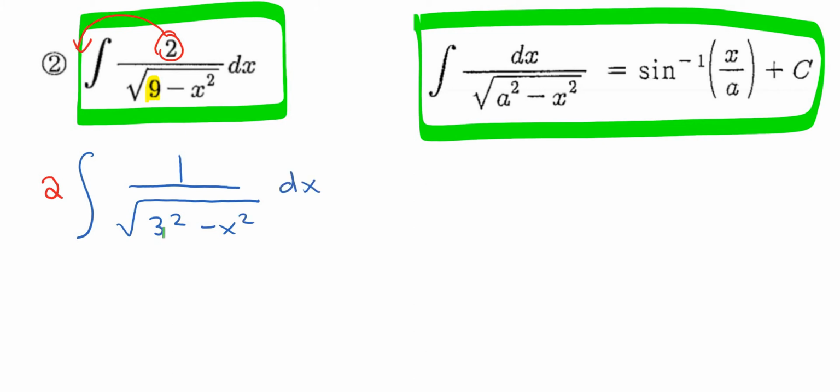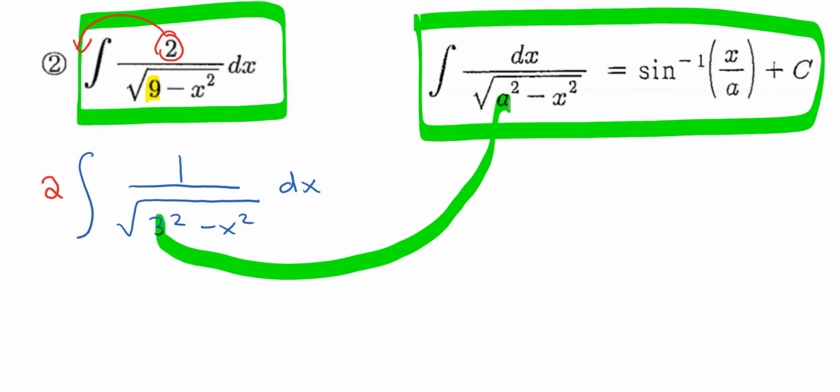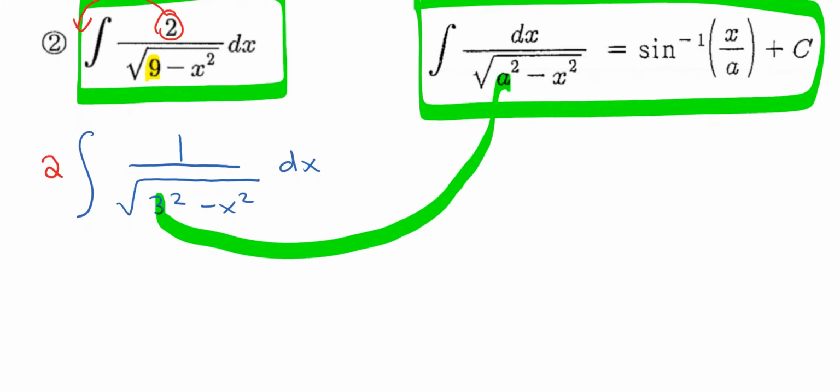And just like the previous problem, if I line up the 3 with the formula here, the a value is going to be 3. So I can just jump to my antiderivative now. The answer should be 2 times inverse of sine, x divided by 3, and then plus c. And that's it. That one's a quick one.